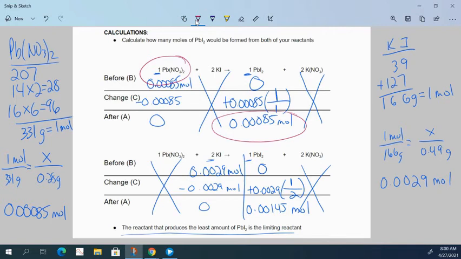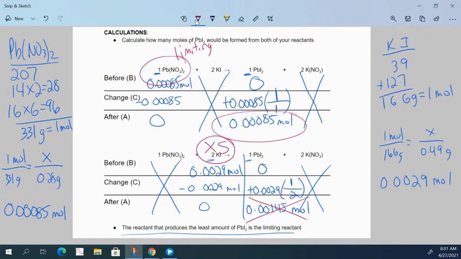So what we're going to do then is use this for our theoretical yield calculations. This one here, we're just going to ignore. So we know that KI is going to be in excess. This is the one that limits how much product we can make.